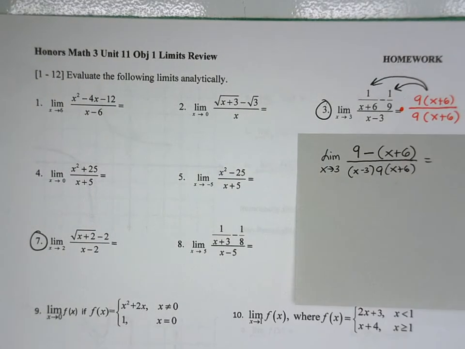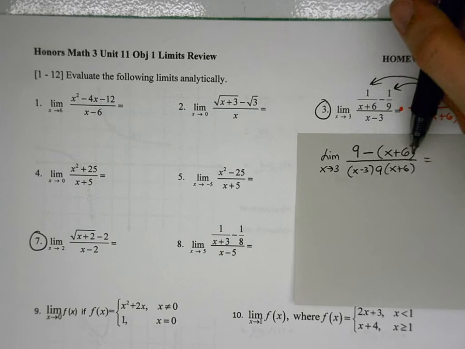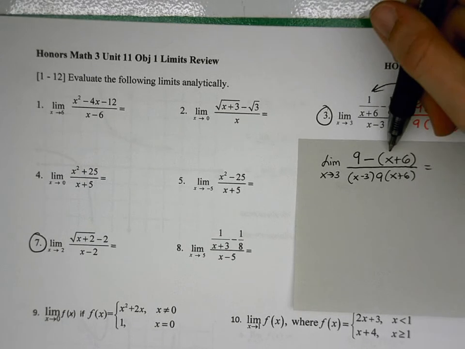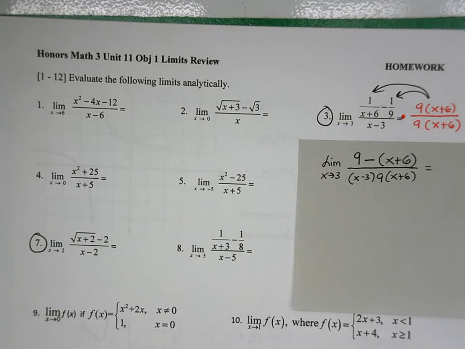Okay? Now remember, make sure that you are not simplifying these x plus 6's. I know it's really tempting to do so, but because in our numerator all those different pieces are not being multiplied together, they are not one term, and so I cannot simplify numerator and denominator until I first simplify within my numerator, distributing, combining like terms, that kind of thing.